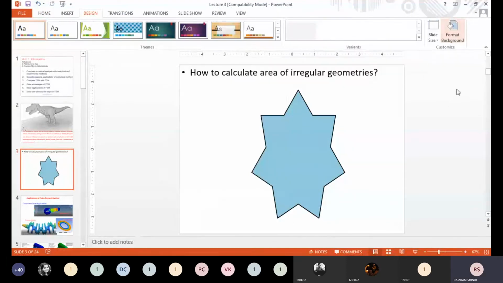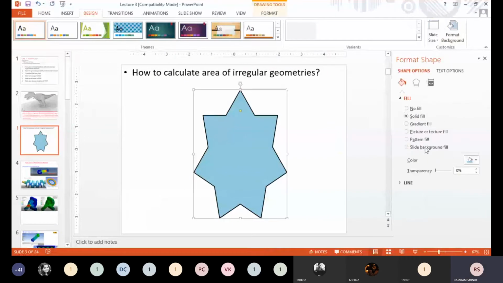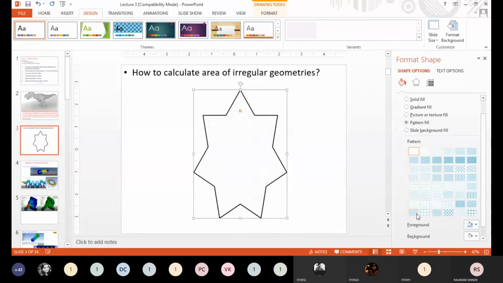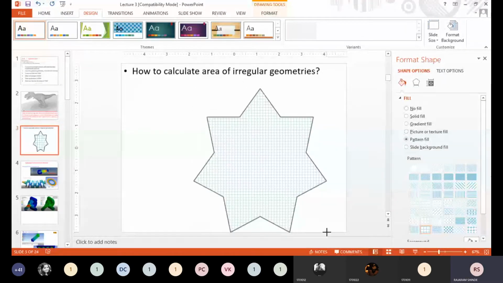Format of the background. Now here I will do. Now pattern. In the pattern, you see here, this type of things we are doing. Am I right? Is it visible, this image? Yes, yes.